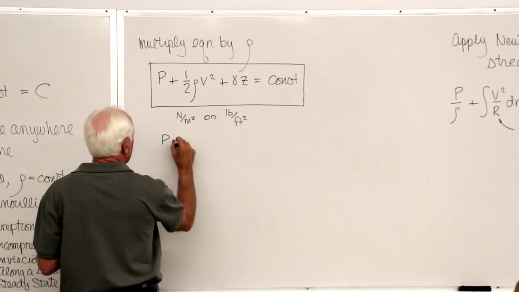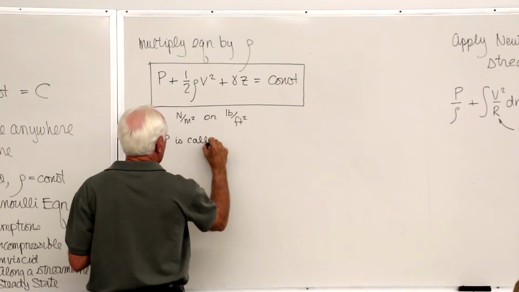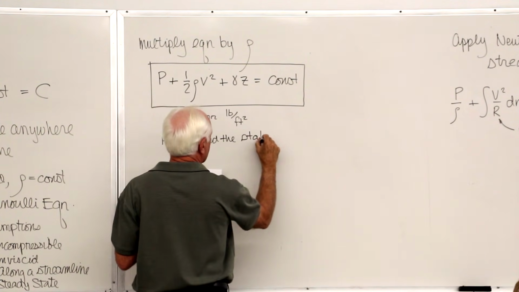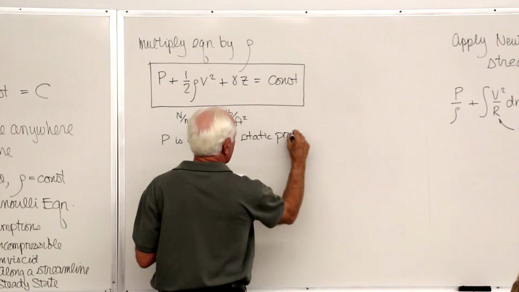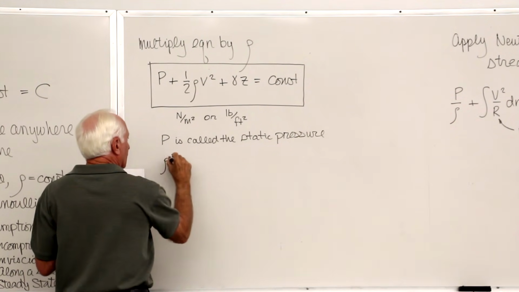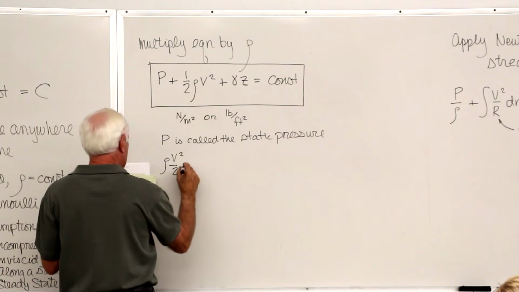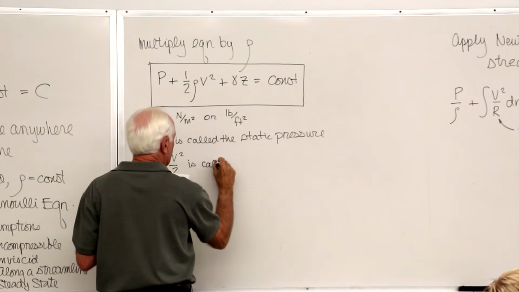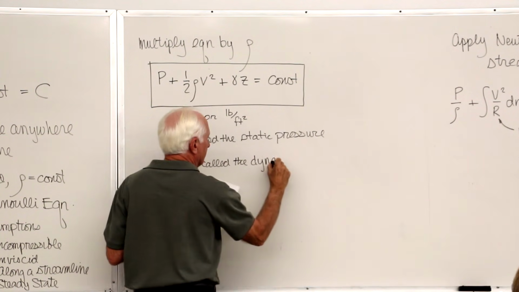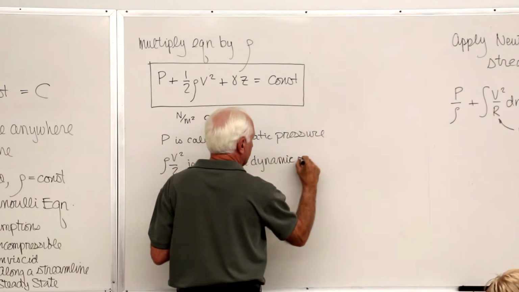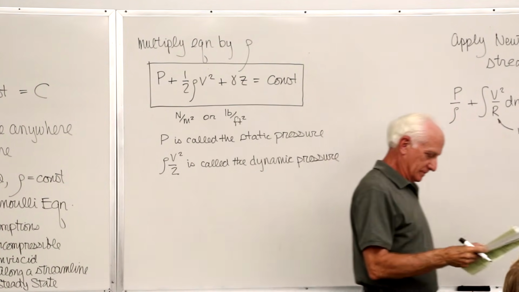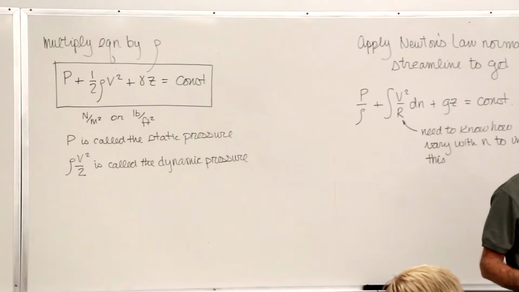P by itself is called the static pressure. Rho v squared over 2 is called the dynamic pressure. Of course, it depends on velocity, so it's called dynamic pressure.